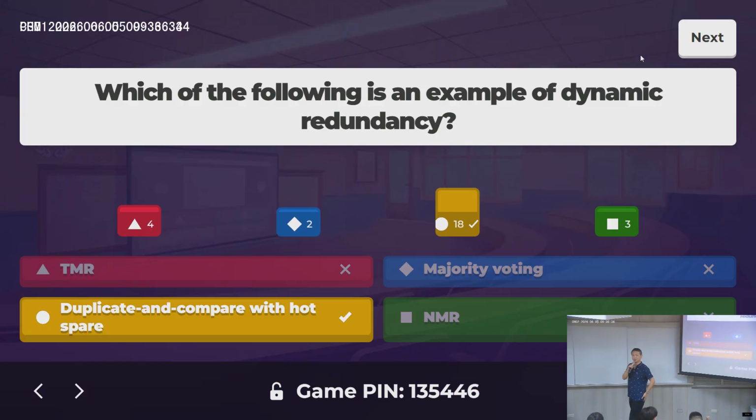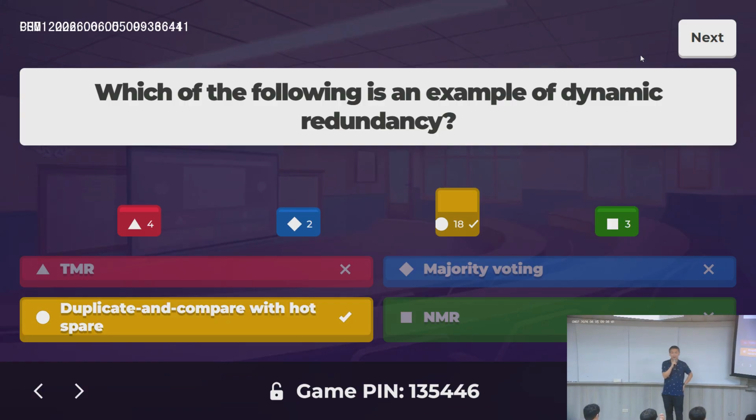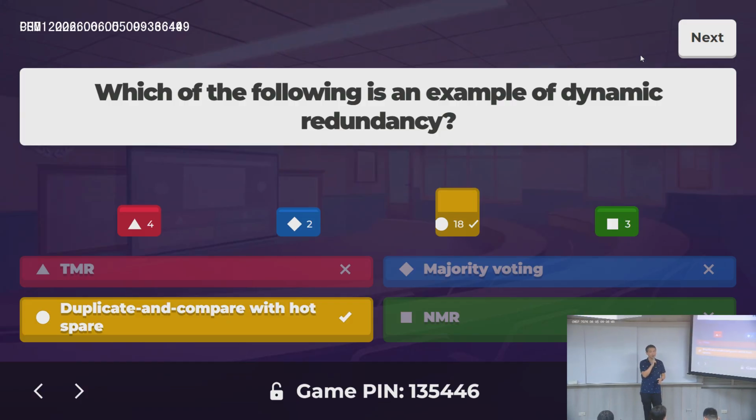However, ask yourself, can you explain the ideas of duplicate and compare with hard spares? What is the architecture and the operational flow of this one? So that is very important. You need to know the reason why we call this one an example of dynamic redundancy.